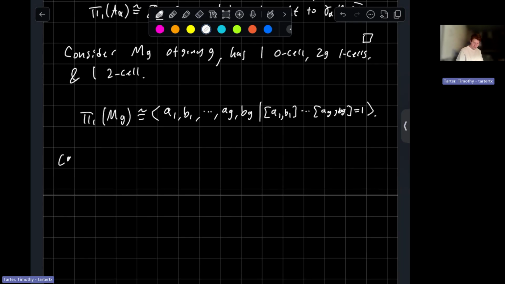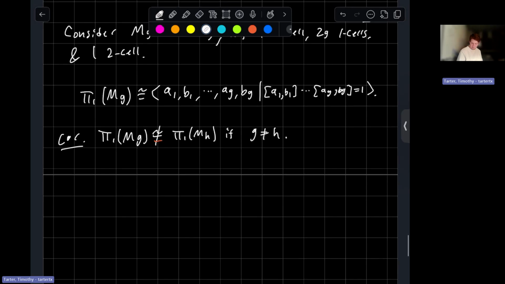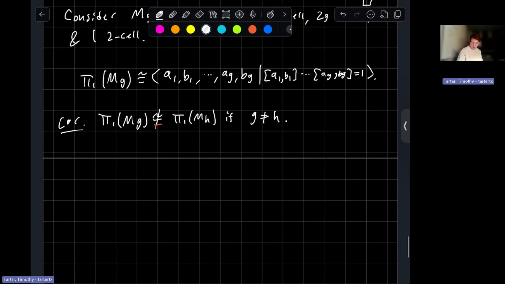And then a corollary of this is that M_G is not even homotopy equivalent, let alone homeomorphic, to M_H if G is not equal to H. Proof: the abelianization of pi 1 is the direct sum of 2G copies of Z. So if M_G is homotopy equivalent to M_H, then pi 1 of M_G is isomorphic to pi 1 of M_H.